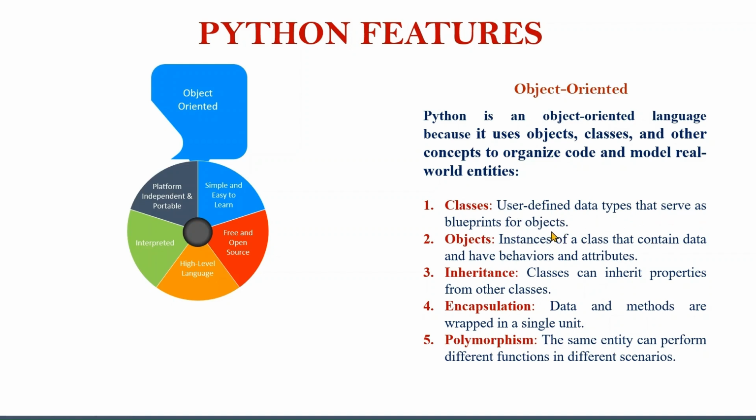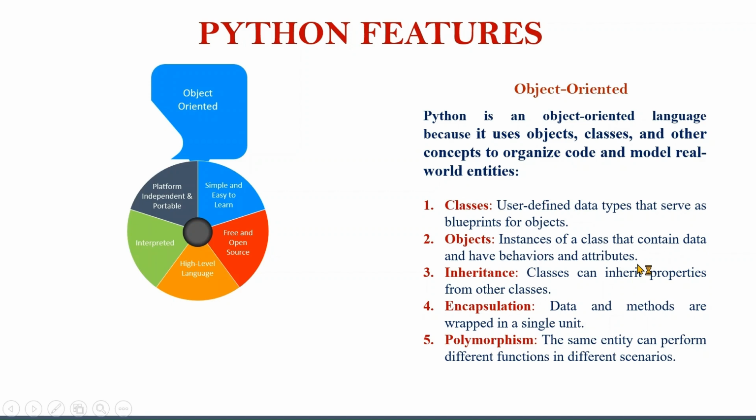Now, if you have a class, we can create objects in order to access the methods and instance variables from that. So the class is holding the instance variables and methods, so it acts as a blueprint for the object. Then objects are instances of a class that contain data and have behaviors and attributes.